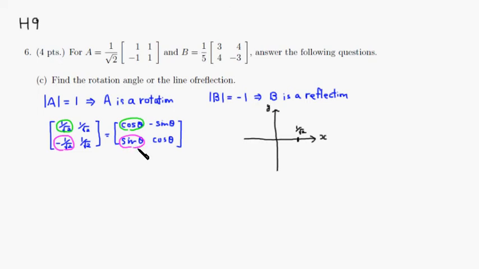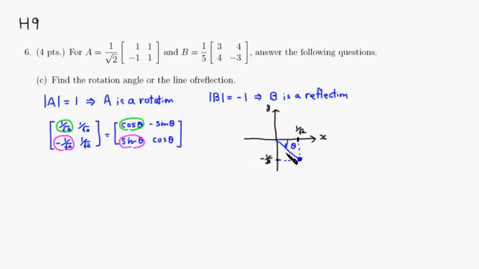And sine of theta corresponds to the y coordinate, which is negative 1 over square root of 2. So we're looking at the point right there. Then this is the angle that we're looking for, the angle theta.